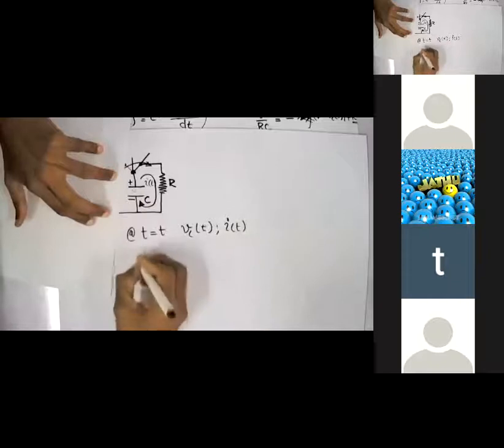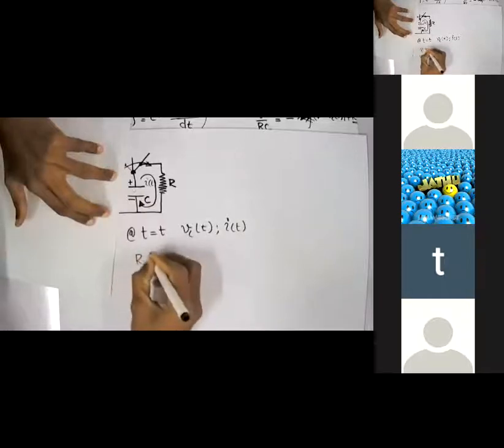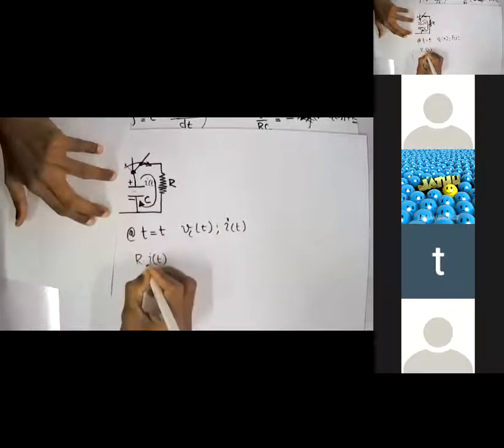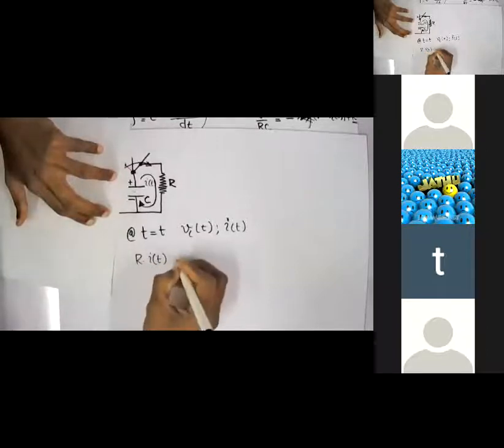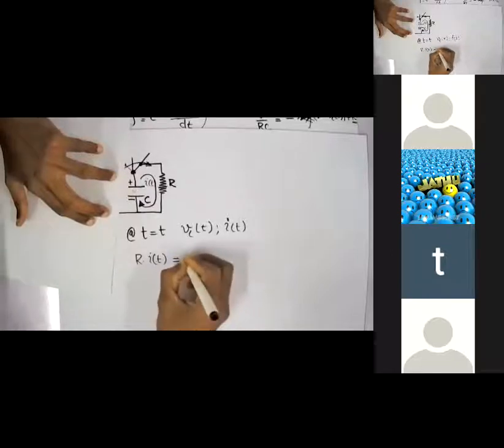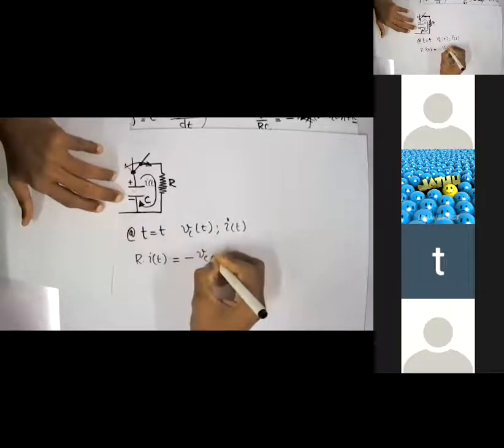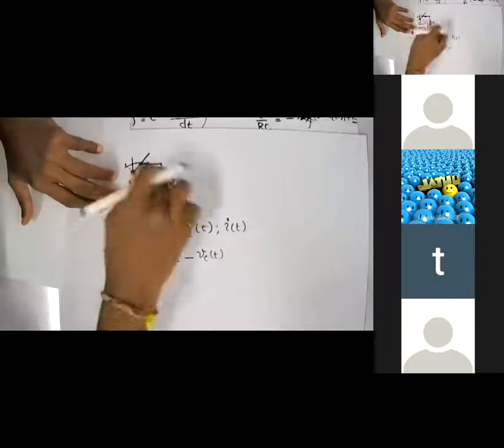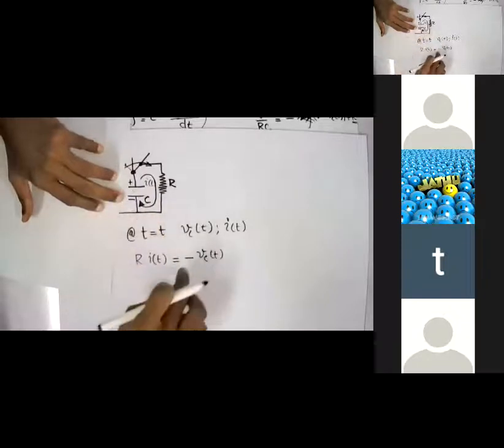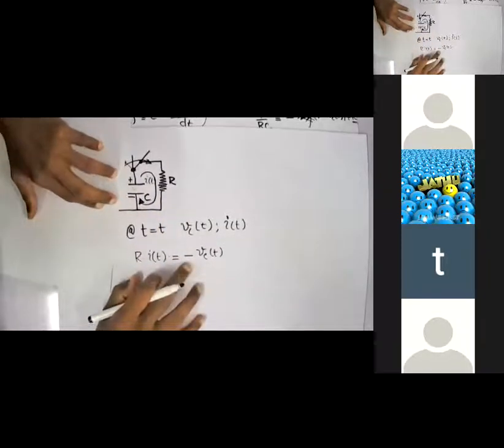So I can write it as R into I of t, which is C into dV of t by dt, equals minus Vc of t, because it is discharging. Hence the sign will be minus.